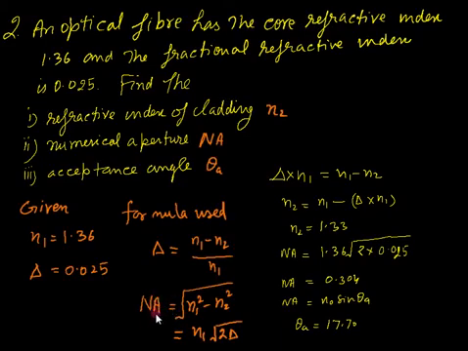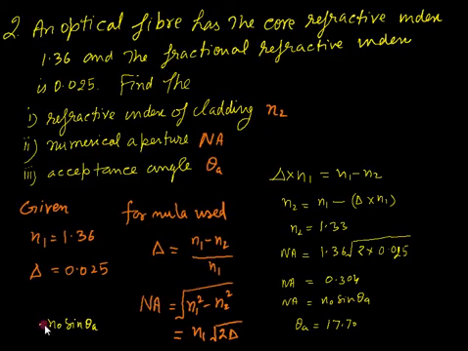As you know, the formula for numerical aperture is NA equal to square root of N1 squared minus N2 squared, and the second formula is N1 square root of 2 delta, and the third formula is N naught sin theta A, right?